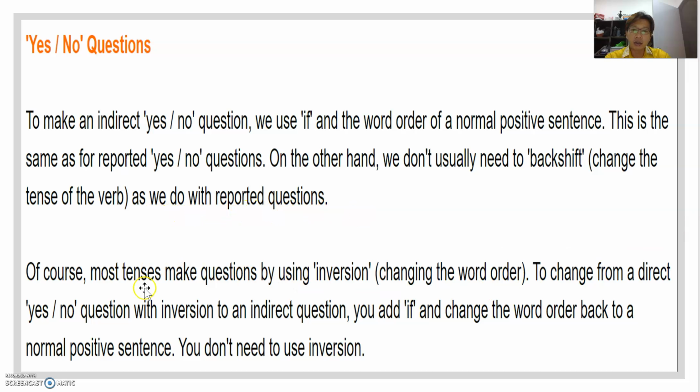Of course, most tenses make questions by using inversion. What is inversion? Changing the word order. To change from a direct yes-no question with inversion to an indirect question, you add if and change the word order back to a normal positive sentence. You don't need to use inversion, but you have to change the word order back to a normal sentence.